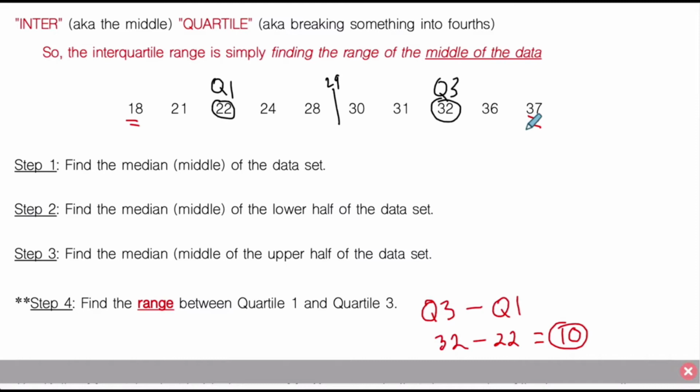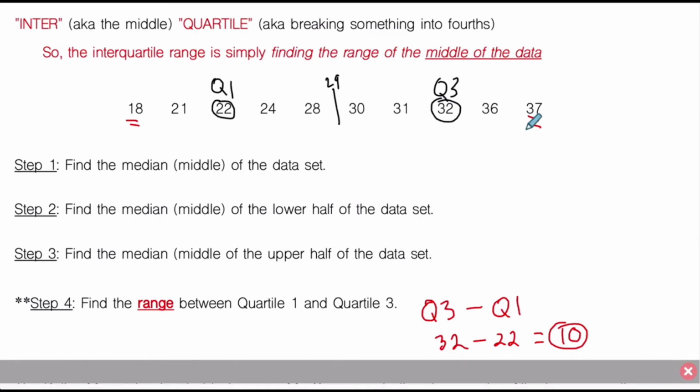Outliers, right? Outliers are numbers that are sometimes really big as compared to the rest of the data set, or really small as compared to the rest of the data set. So they wanted to find a way to find a range, a measure that tells us how spread out the data is, that kind of eliminates any outliers.